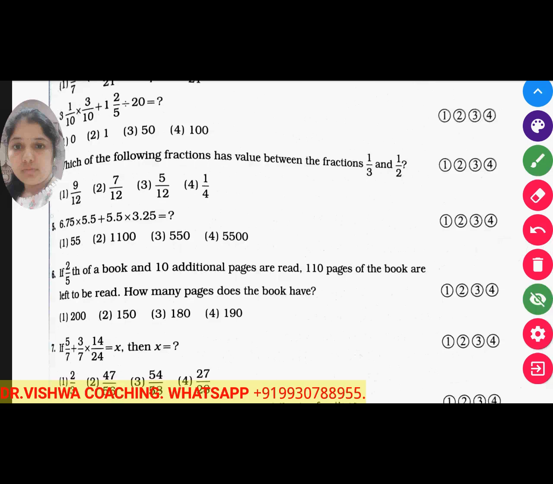Now here again you have to solve this decimal form of sum. So 6.75 into 5.5 plus 5.5 into 3.25.